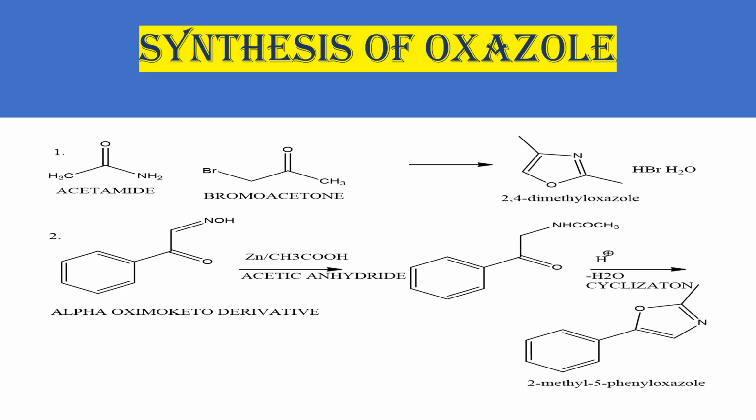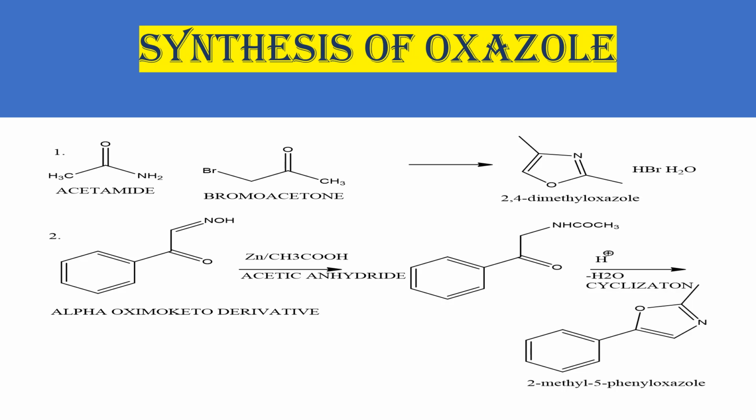The second reaction is what? You take alpha oximinoketone. At the alpha position to your carbonyl group, the ketone, there is an oxime group, that is C double bond NOH. So that is the alpha oximinoketone group.